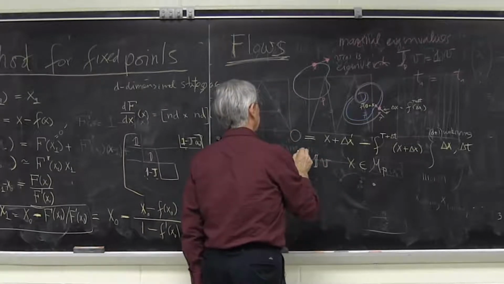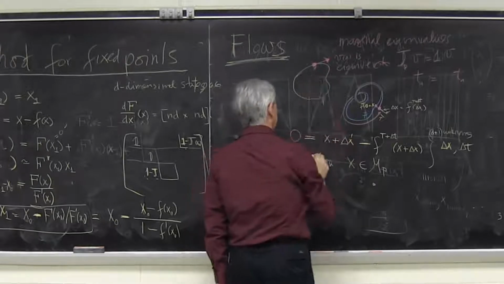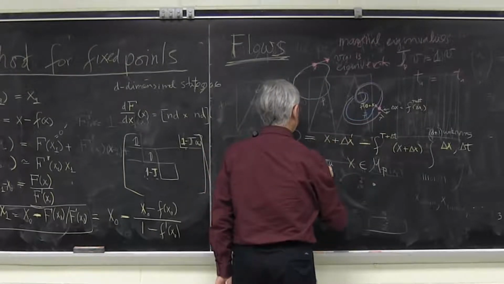At any place on the orbit, the tangent is a unit eigenvector, just one.